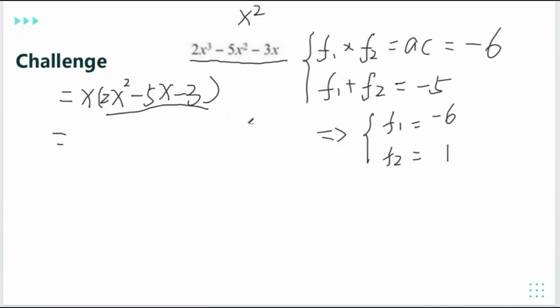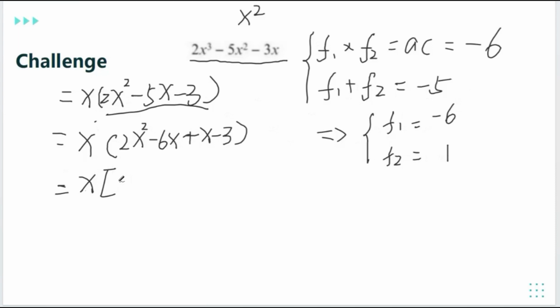Yes. So this expression can be changed to another form: x times 2x squared minus 6x plus x minus 3, inside the square brackets, so 2x squared minus 6x plus x minus 3.